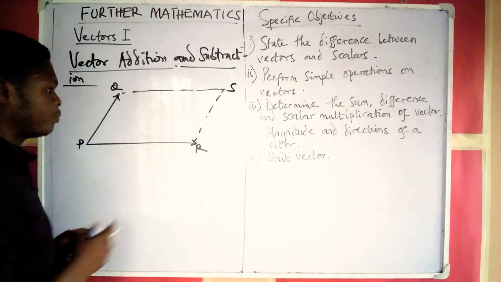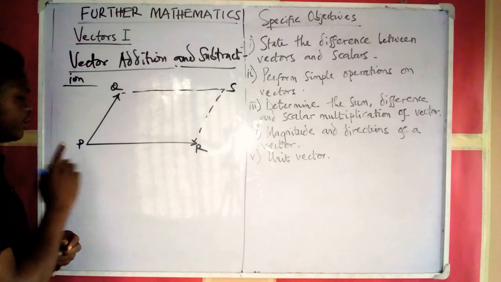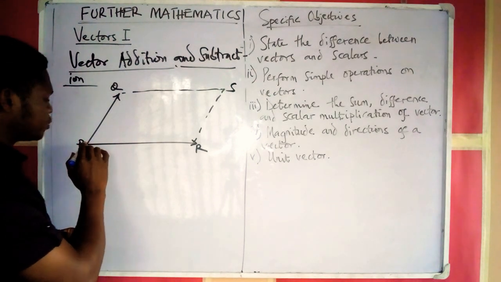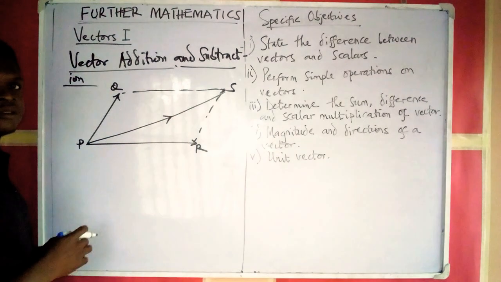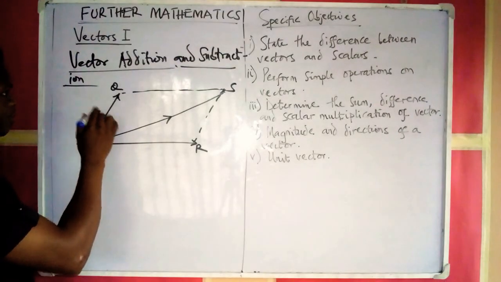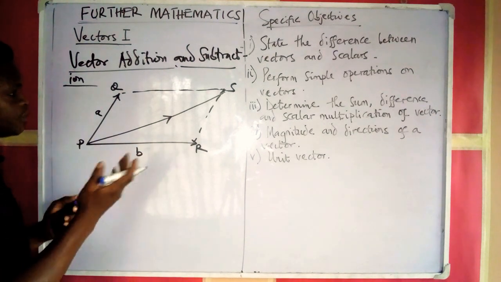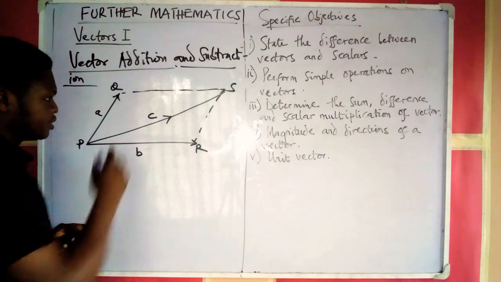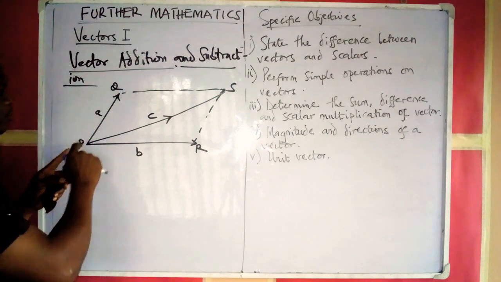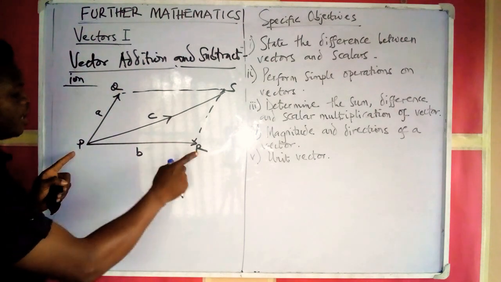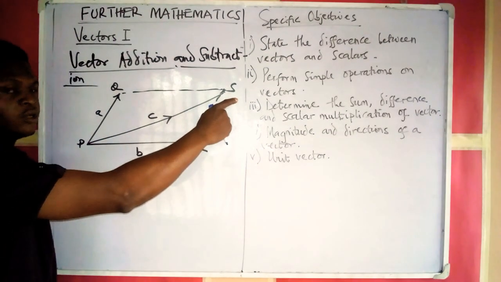Let me call this point S. So we are told here that the diagonal is taken to be the resultant vector. So assuming here PQ is A and PR is B, then let's call this C. So we are told from the parallelogram law that PQ plus PR is equal to what? PS. That's what the parallelogram law is telling us.